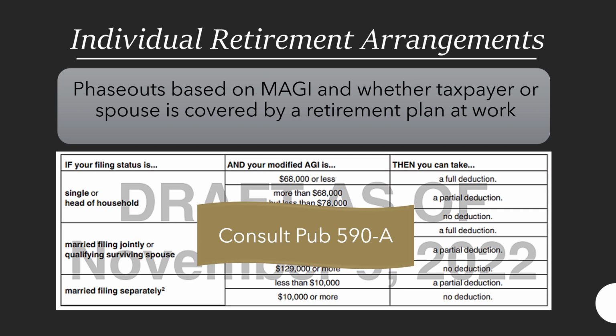It is not the only table associated with this. Generally speaking, for the type of clients that we're going to be seeing, we're not going to be seeing a lot of phase outs, but just so that you know, if we have taxpayers who are covered by a retirement plan at work, it's possible that there could be limits to the amount of deduction they could take.